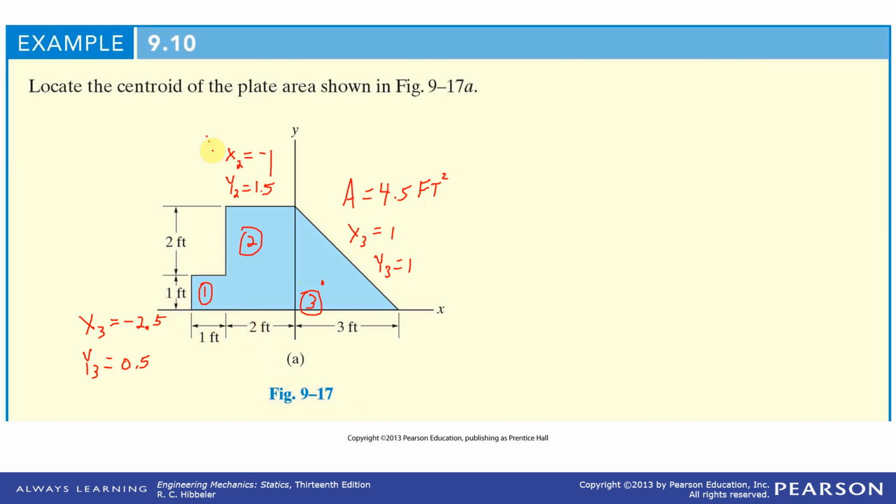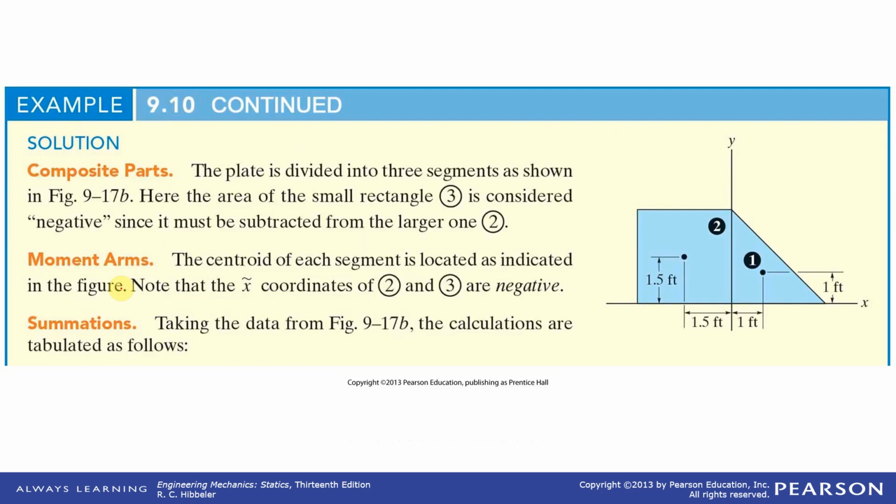The area of 2, so this is A1, A2 is going to equal 2 times 3, 6 feet squared. A3 is going to equal 1 foot squared. Okay, it's going down.